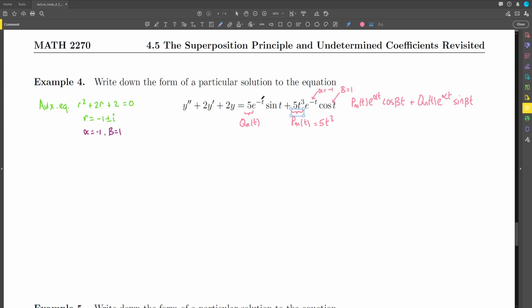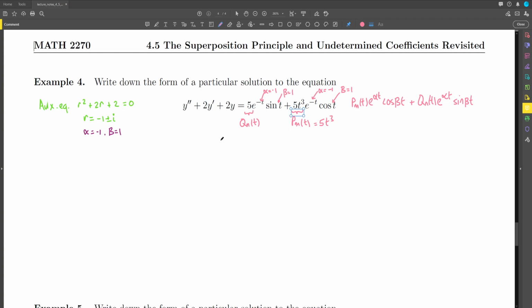And then again, what we have here is that alpha equals negative 1, and then we have beta equals 1. So we can combine these two terms into one particular solution.